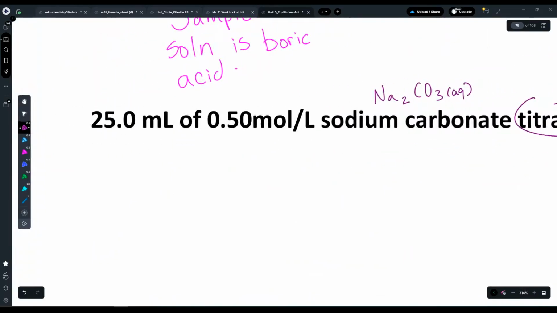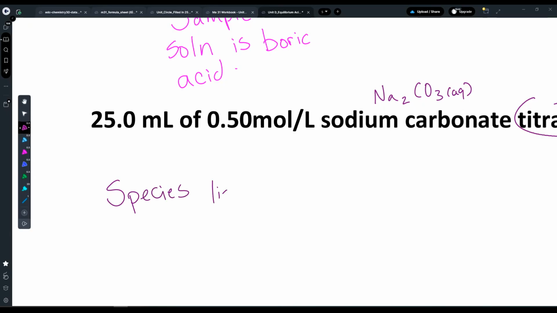So with our species list, for our first substance, sodium carbonate, that is an ionic compound. Since it's aqueous, that tells us that it's soluble in water. An ionic compound that's soluble in water is going to dissociate, so it's going to break up into its cations and anions.